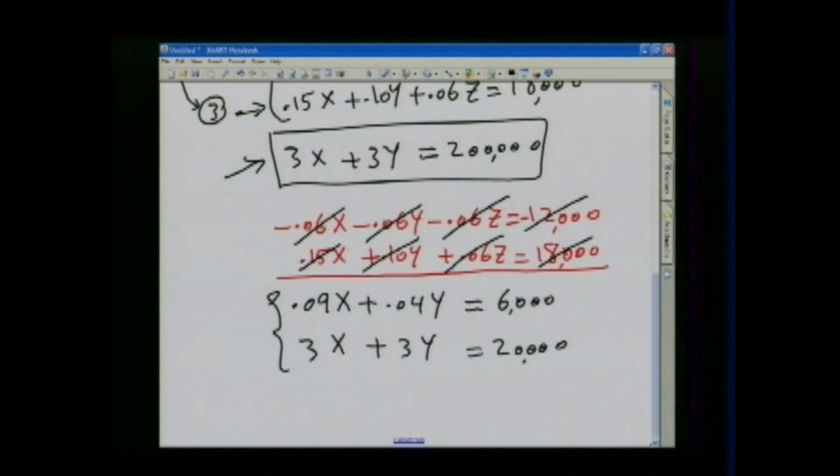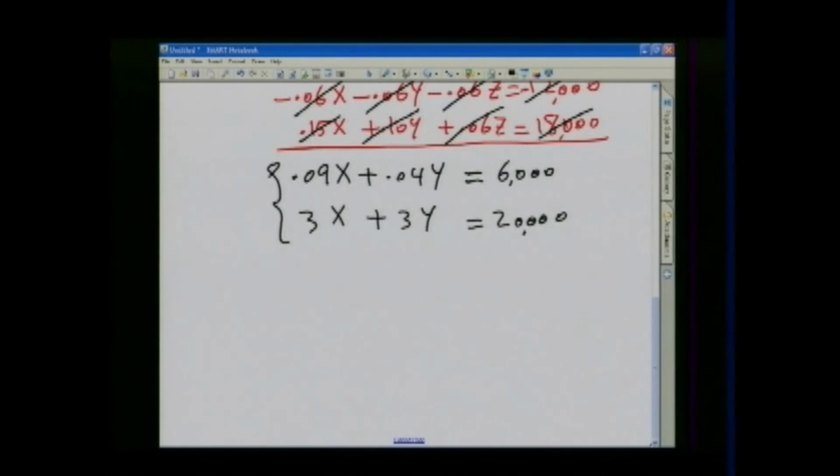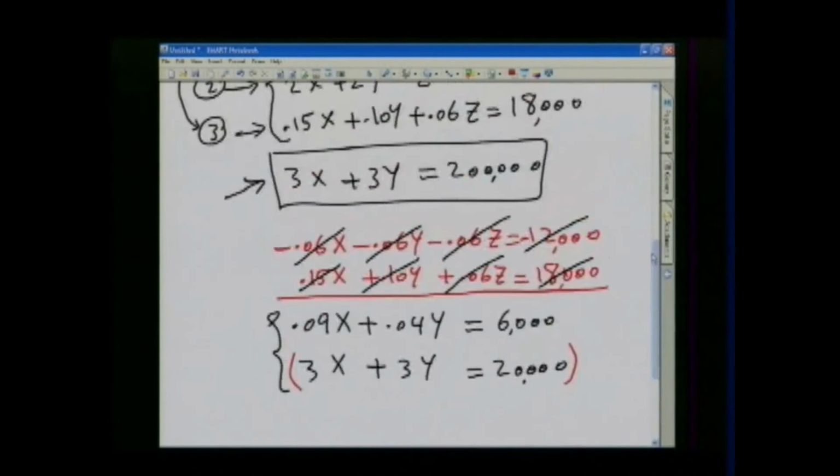Now it's a system of two equations and two unknowns. I can solve this. Let me not make a mistake.